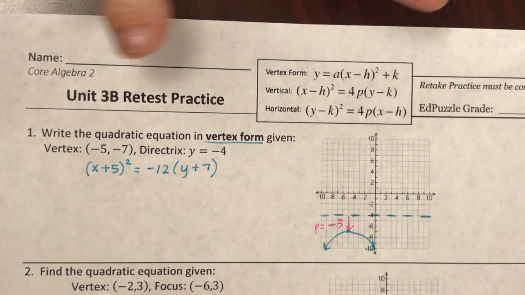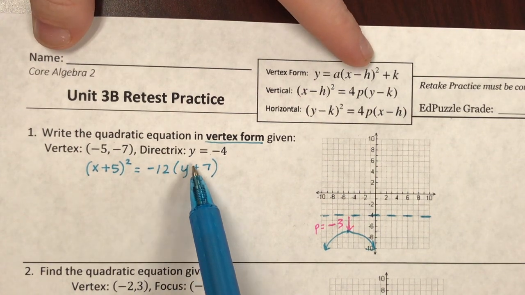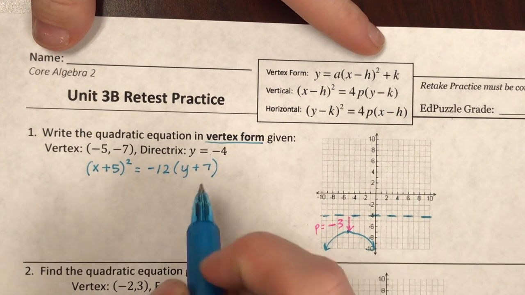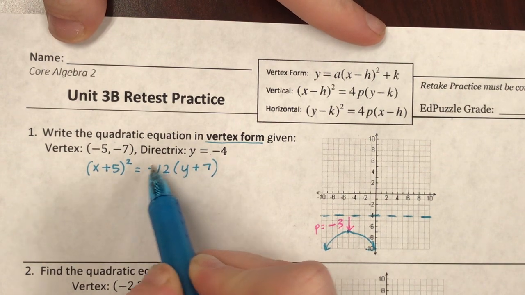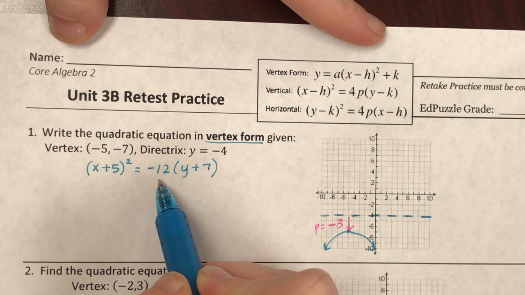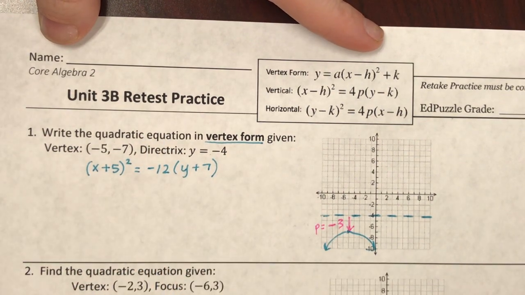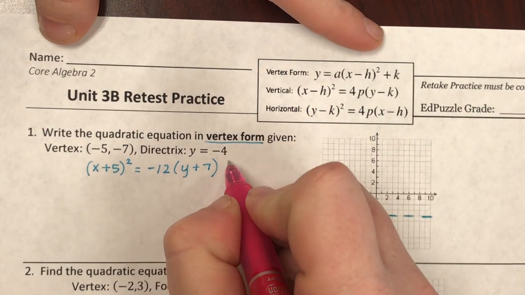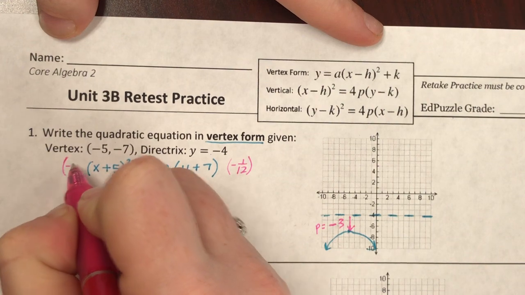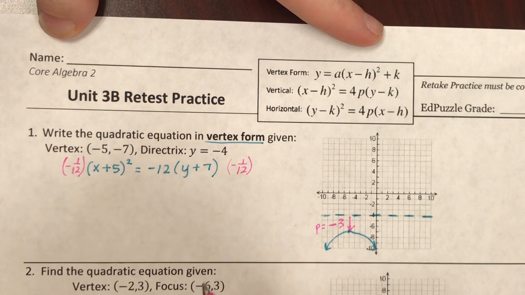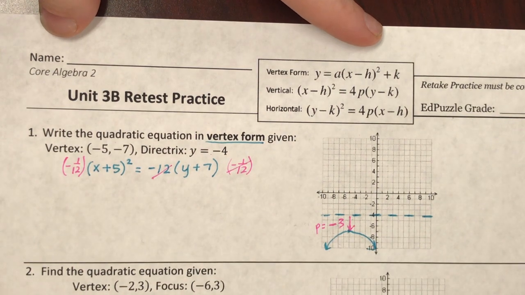To convert this to vertex form takes 2 steps. So we're trying to isolate y. So I need to get rid of this -12. I can either divide by -12 or multiply by the reciprocal on both sides. So if I multiply both sides by -1/12, then I can cancel those.